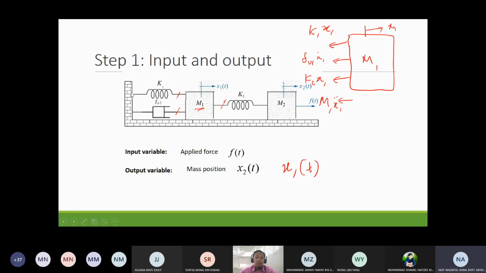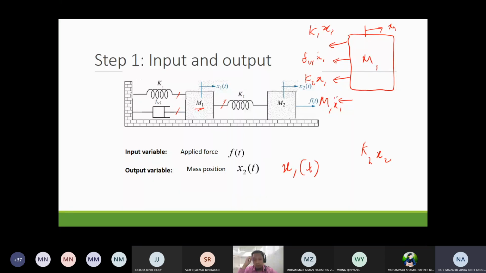Okay, so the wall is fixed and not moving. So the force from the wall can be assumed zero. Okay, but now K2 is connected to M1 and also M2, but M2 is moving. So we need to consider the force from M2 by spring K2, meaning that we need to add a force K2 X2 somewhere in the free body diagram of M1.